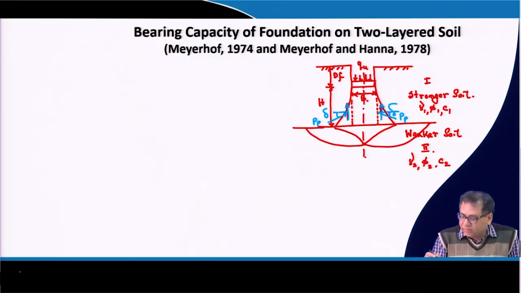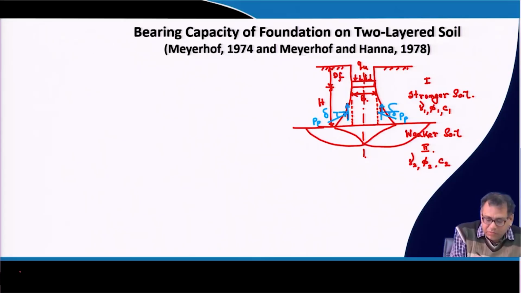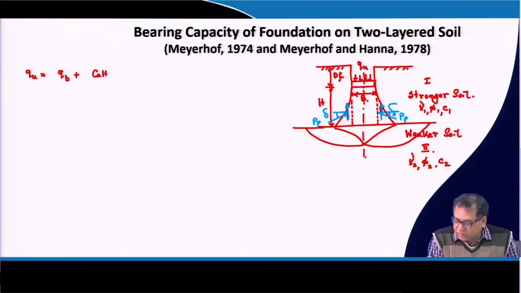Now, how will I calculate the Qu? So, Qu will be your Qb plus Ca into H. What is Ca into H? H is the thickness of this soil below the foundation.